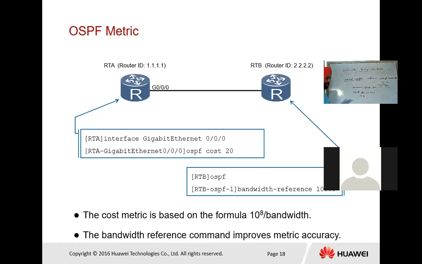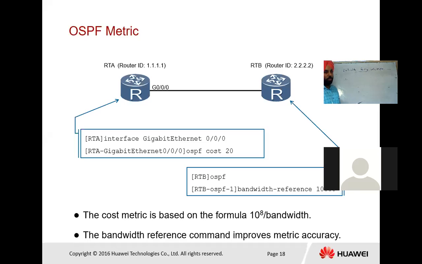Alternatively, the cost can be manually configured by using the OSPF cost command to define the cost value for the given interface.